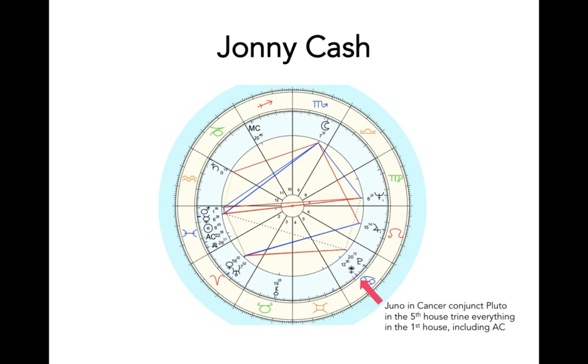So Johnny Cash. Johnny Cash has Juno in Cancer conjunct Pluto. We talked about the fact that June Carter was somebody he was in love with, apparently, again, this is all hearsay, from the time he was very young, because he heard her singing on the radio, and was in love with her from the moment he laid eyes on her.